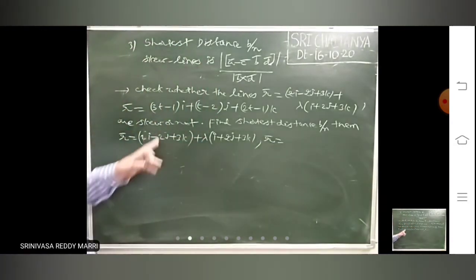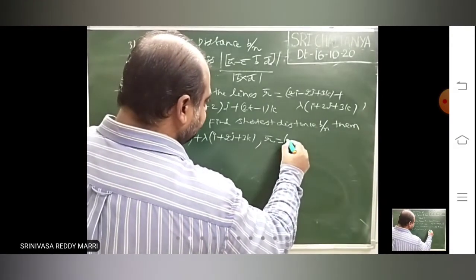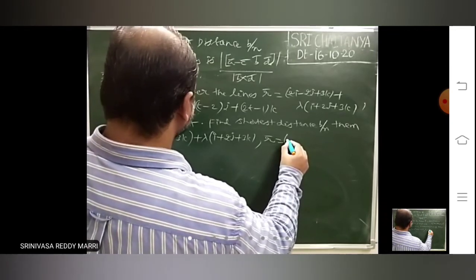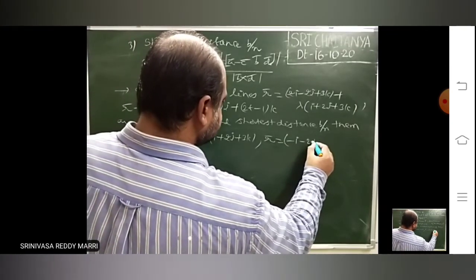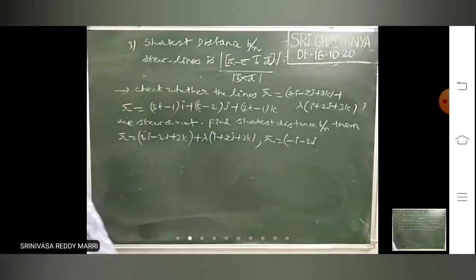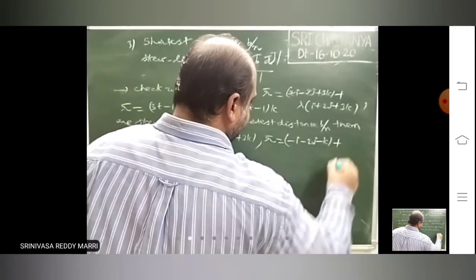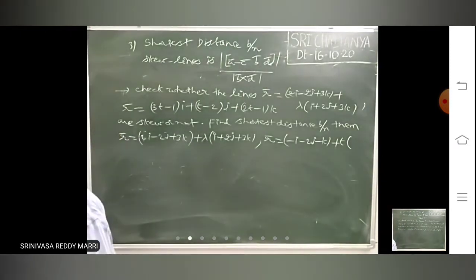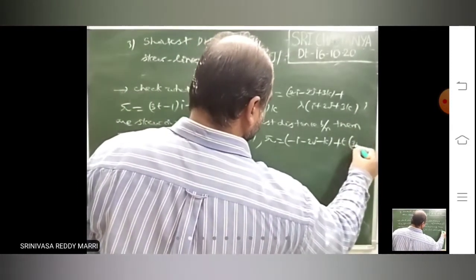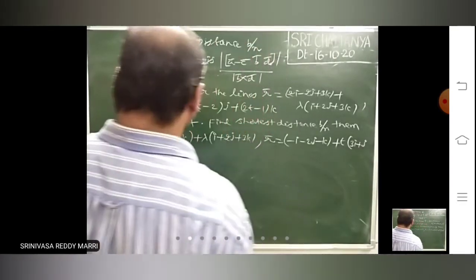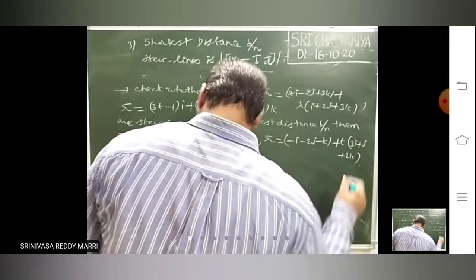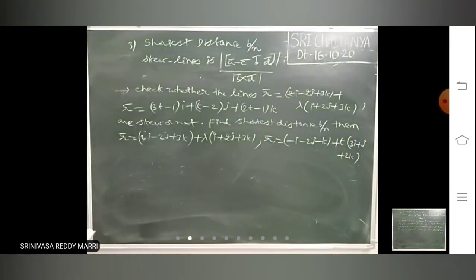R bar equals the terms which do not contain t, that means minus i minus 2j minus k, plus t into 3i plus j plus 2k. So now the two lines are in standard form.